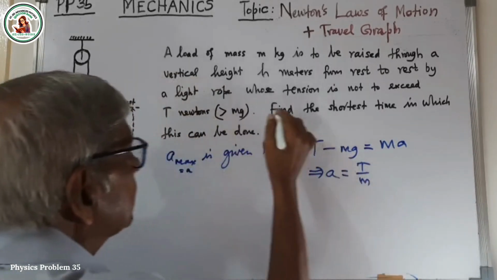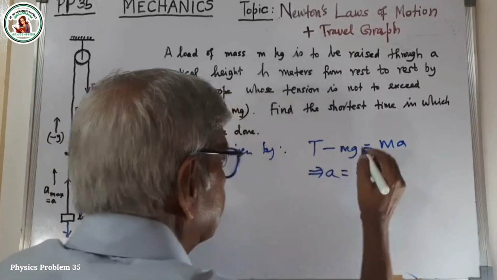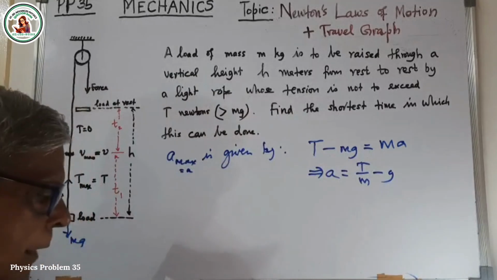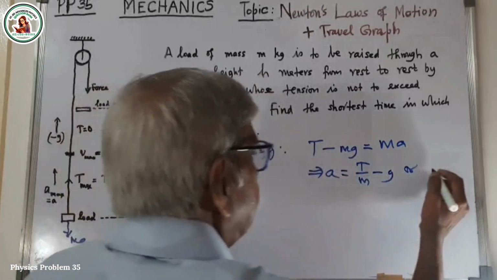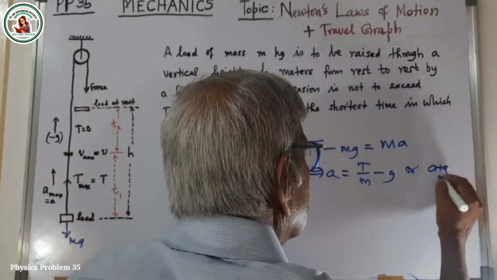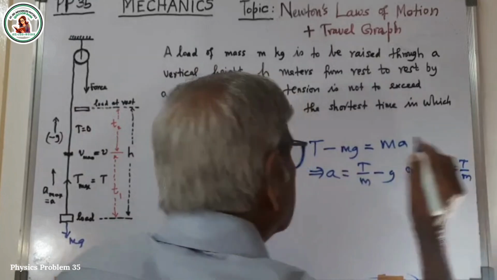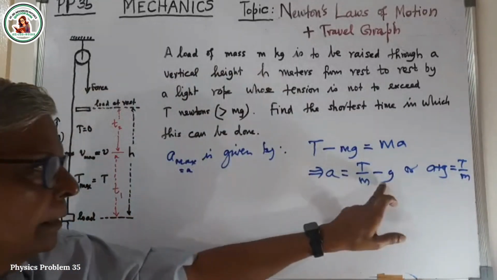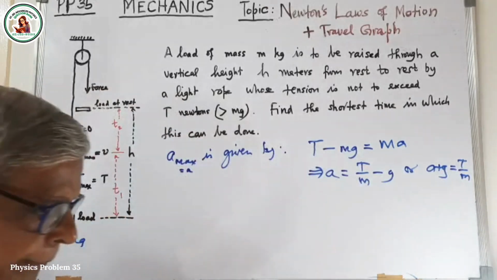T is greater than mg, so this will be a positive acceleration. And also we know A plus g equals T by m. Both these expressions we have to use later.